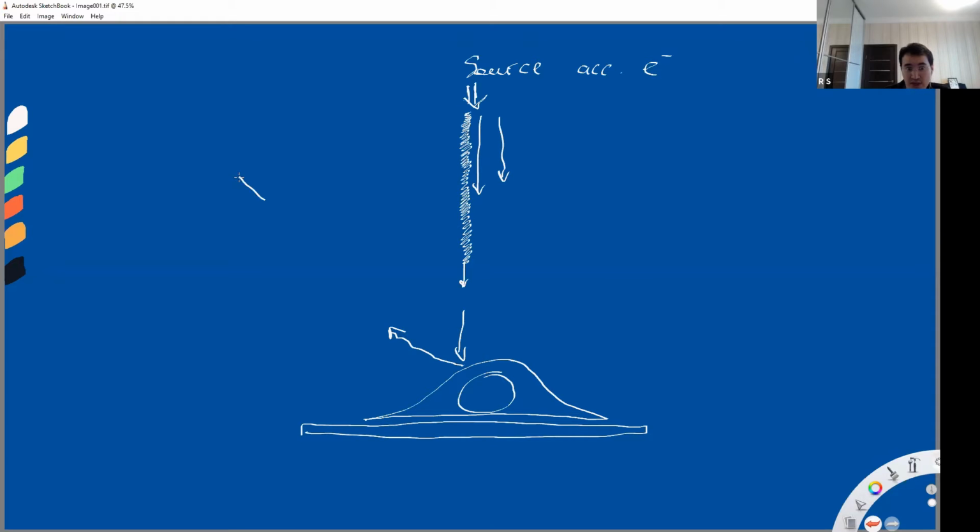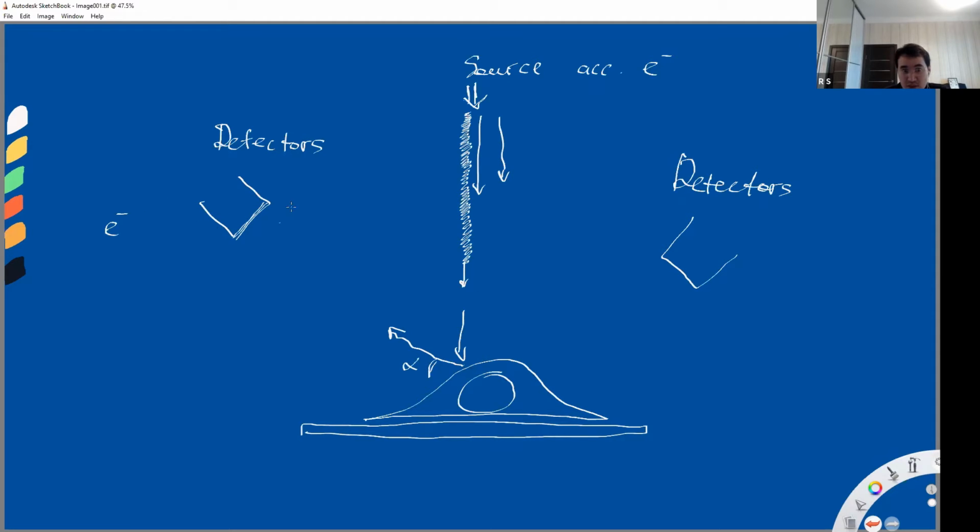And we have a set of detectors that catch these reflected or scattered electrons. And if they catch one, they say, okay, I have one electron scattered from this place in this direction under this angle.